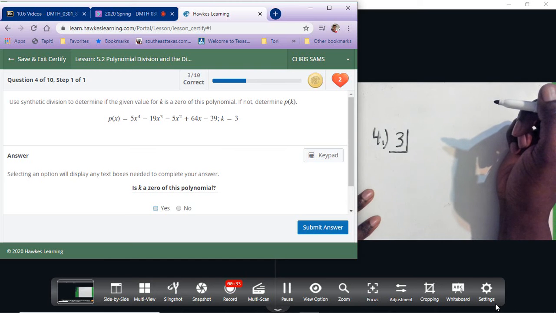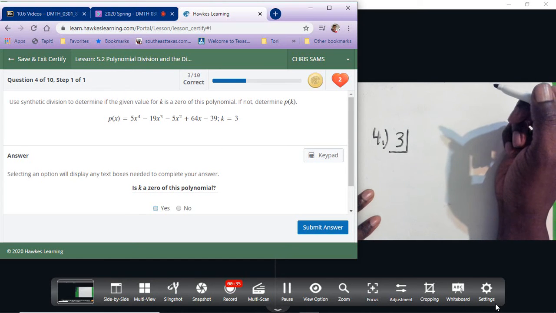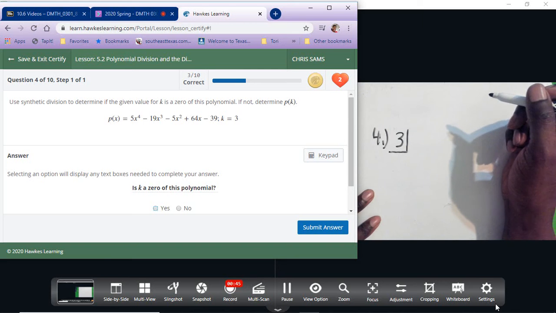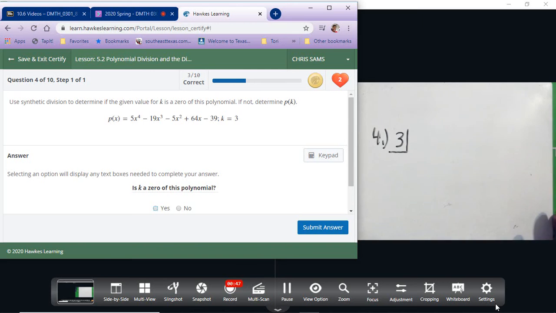And then you have to look at all your terms. So this polynomial is 5x to the 4th minus 19x cubed minus 5x squared plus 64x minus 39. Okay, so we are not missing any terms. This one allows us to only focus on the coefficients.